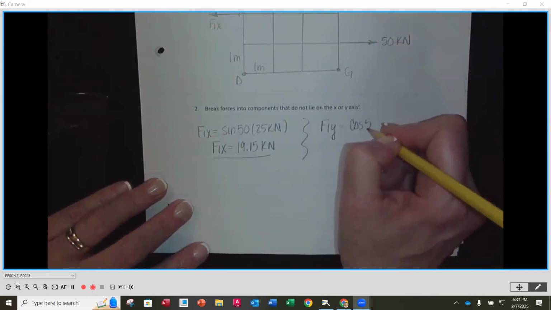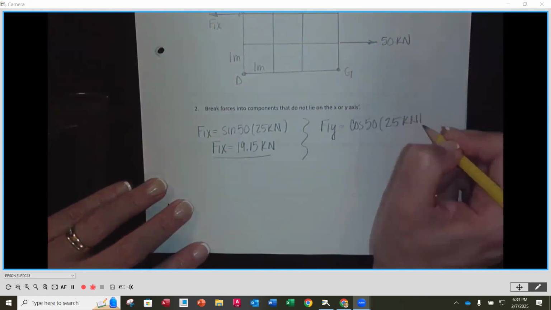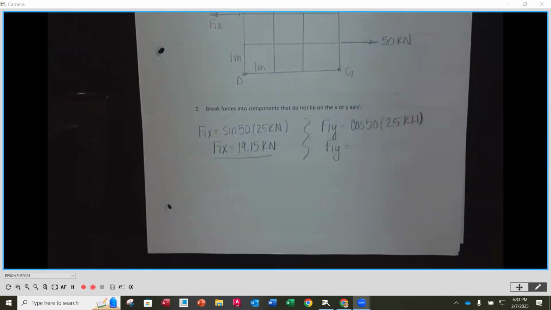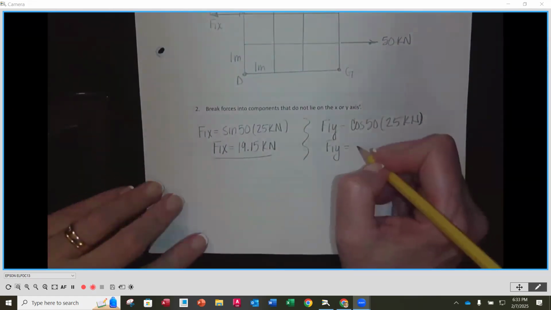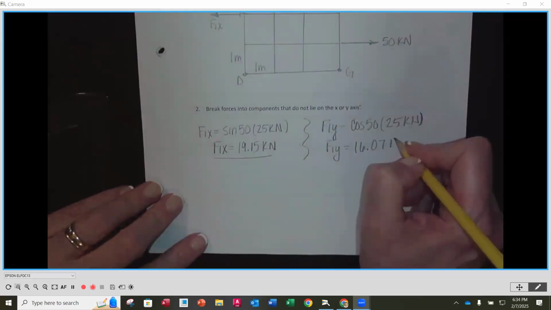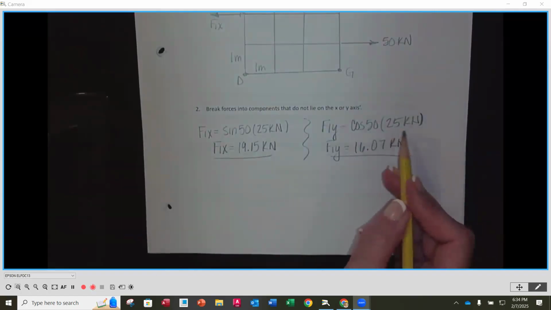F1Y is going to be the cosine of 50 times 25 kilonewtons. Again, showing your work, units in all phases.